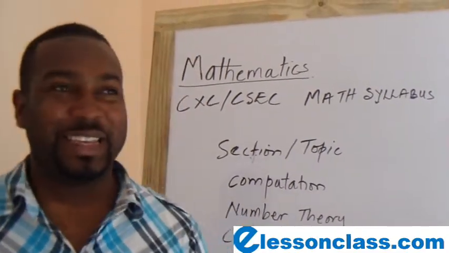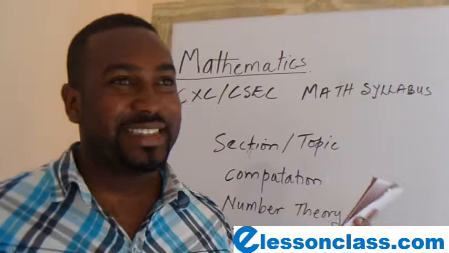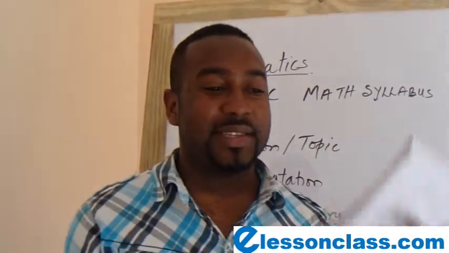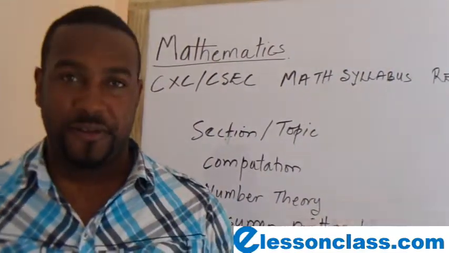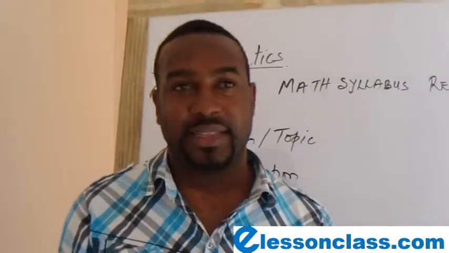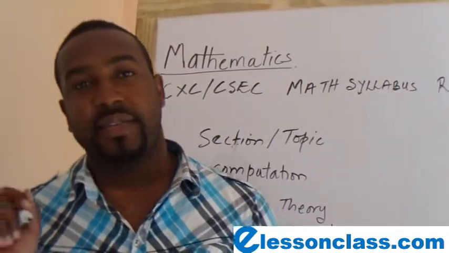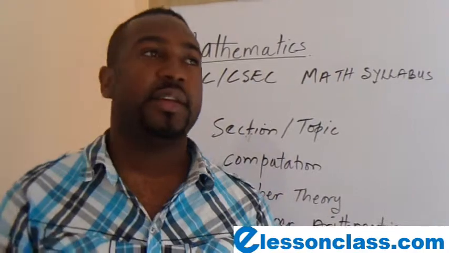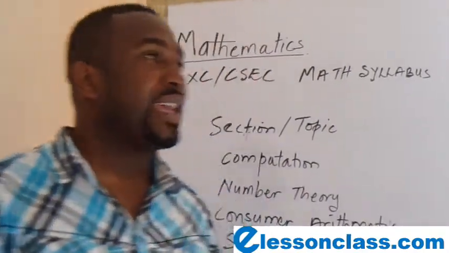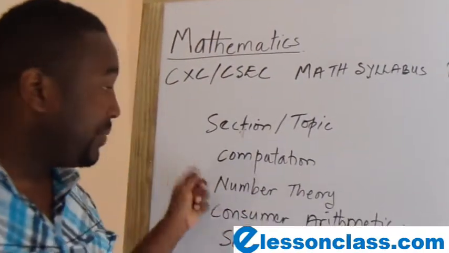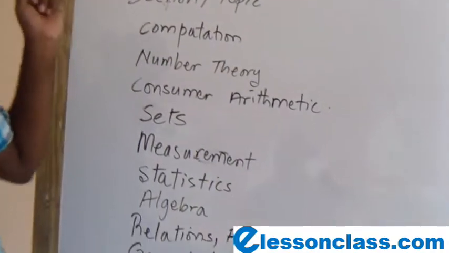I say basic because at the end of these lessons, trust me, all these questions that you so feared before will become very simple. These questions are taken from nearly all these strands: computation, number theory, consumer arithmetic, sets.